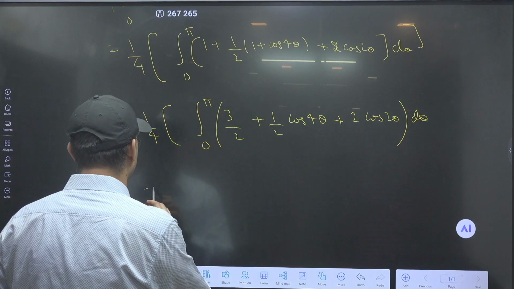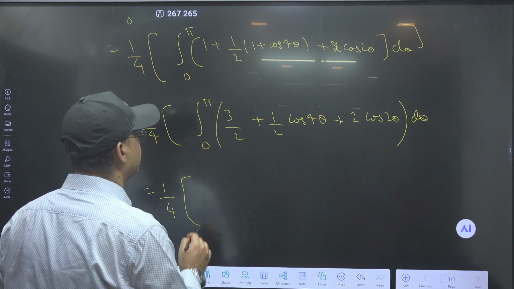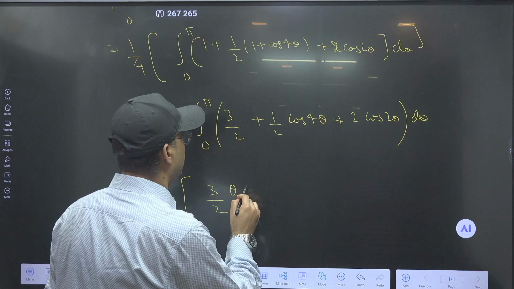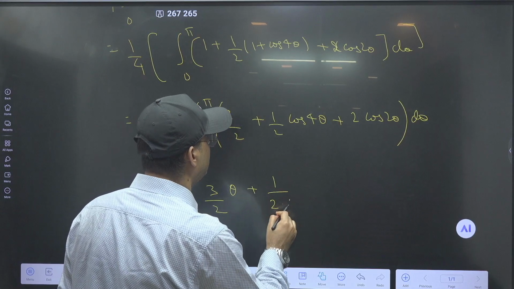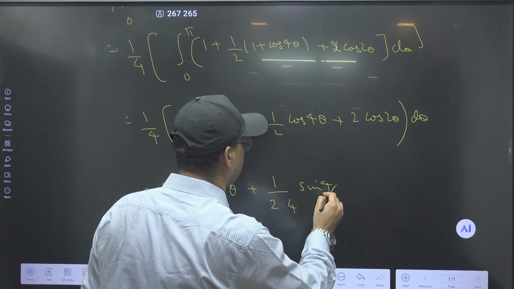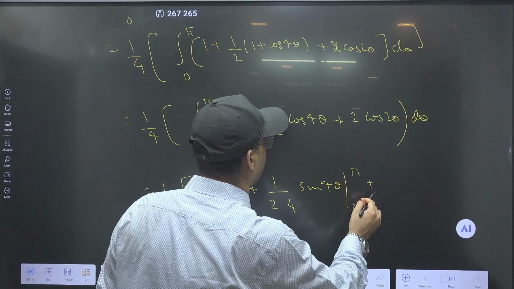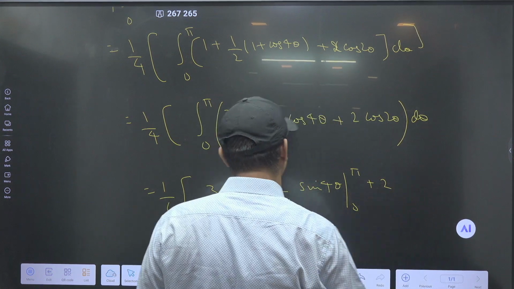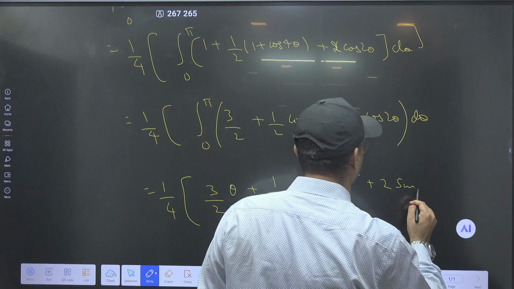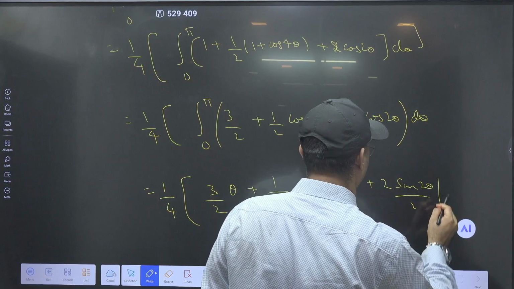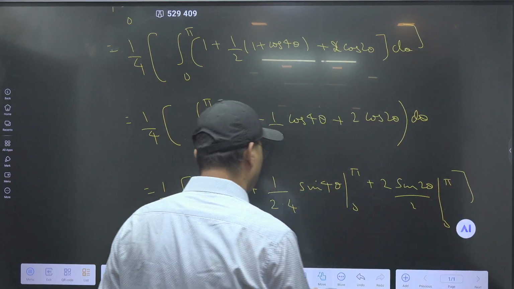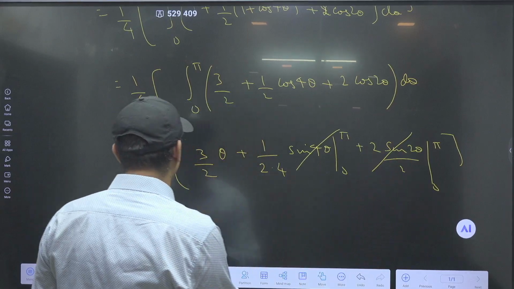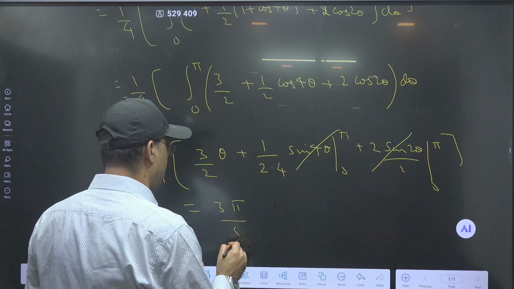And this can be integrated. This is 3 by 2 theta plus 1 by 2 into sine 4 theta by 4, 0 to pi, plus 2 cos का इंटीग्रेशन हो जाएगा sine 2 theta upon 2, 0 to pi. Now this is 0, this is 0, there is no doubt about it. So I am left with 3 pi upon 8.